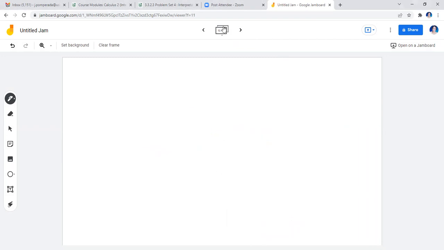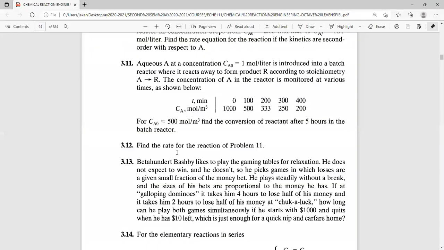Now, for 3.12, find the rate for the reaction of problem 11. Okay, the rate for the reaction of problem 11. So what do you think is this rate that is asked here? Okay, I will annotate.